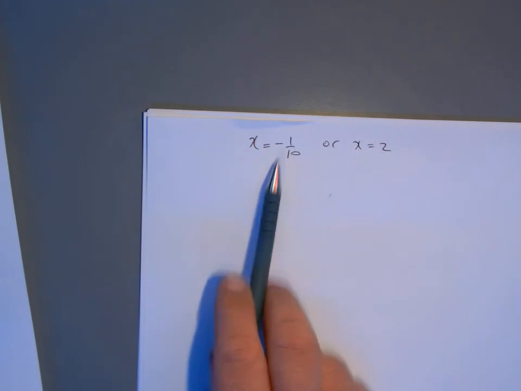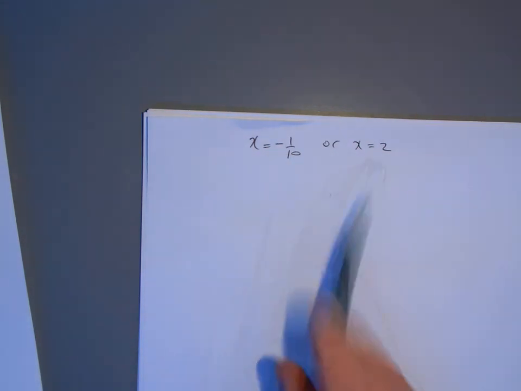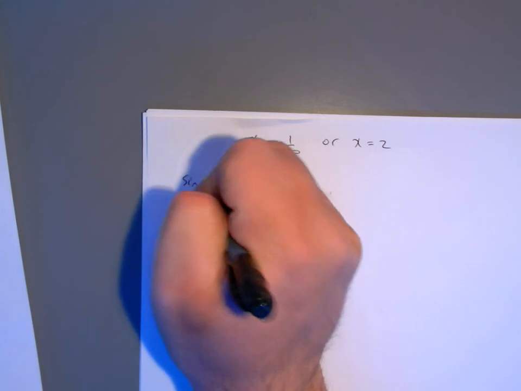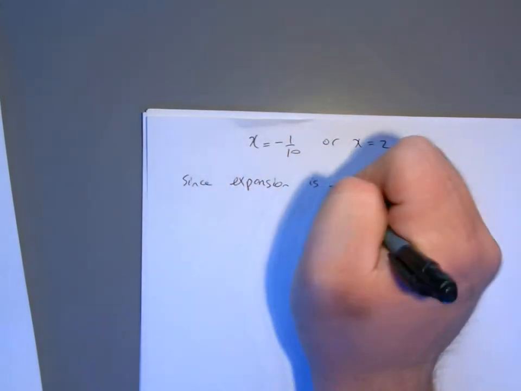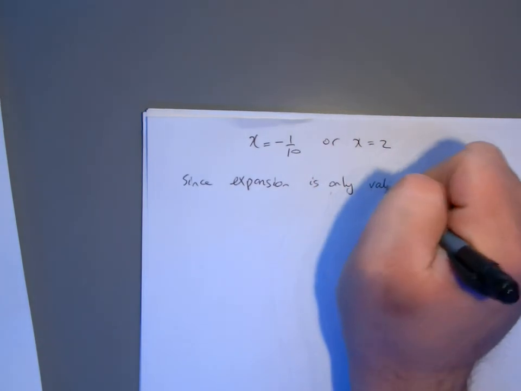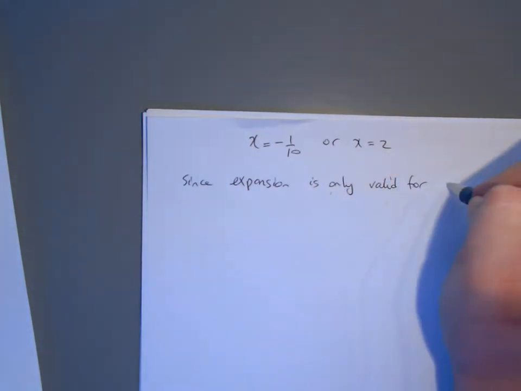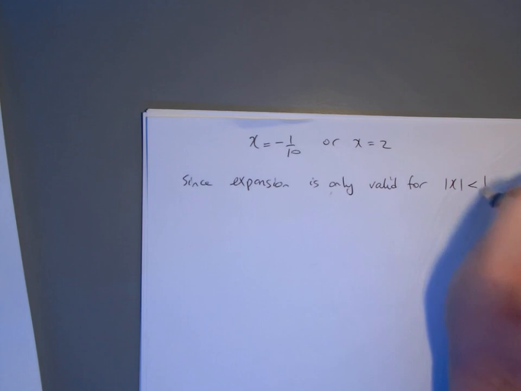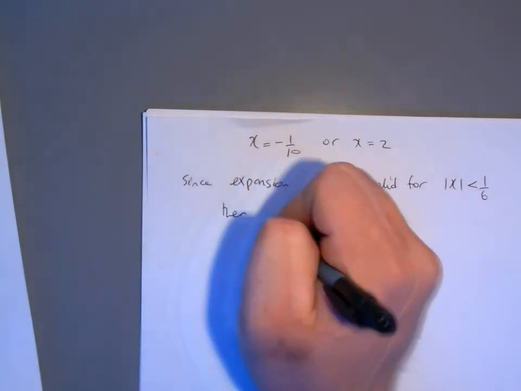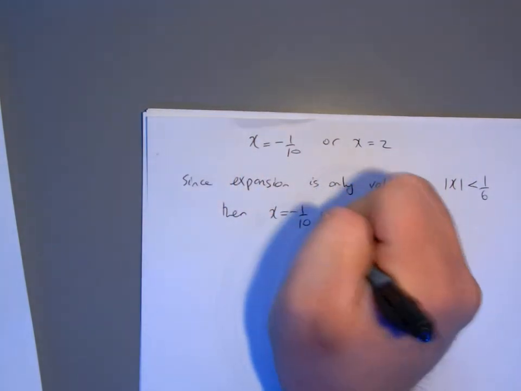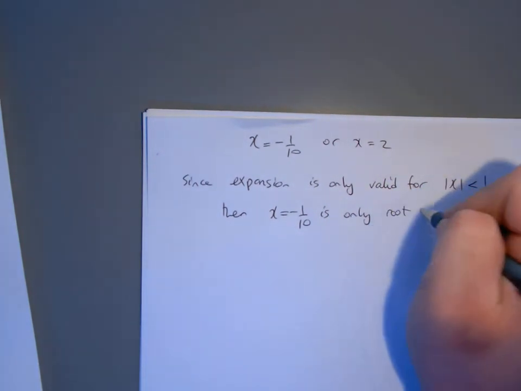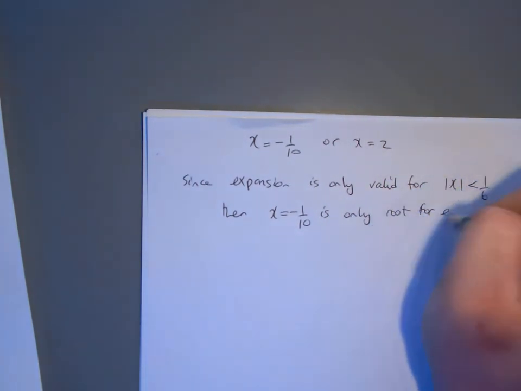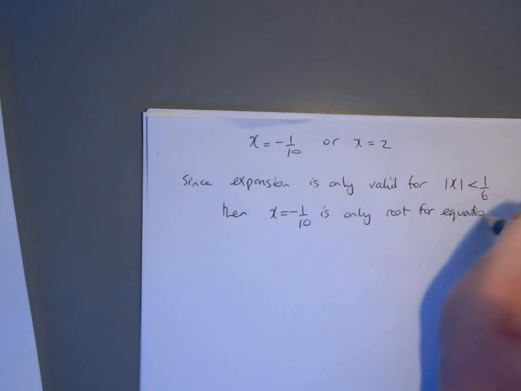So the size of it is less than 1/6. That is outside. So you say since the expansion is only valid, you need to give a reason, then x equals minus 1/10 is the only root for the equation, to satisfy that equation.